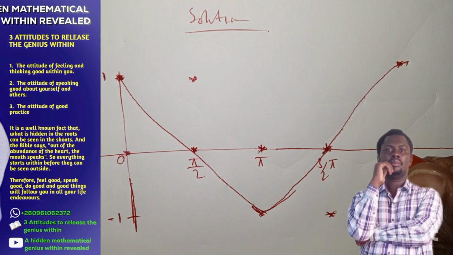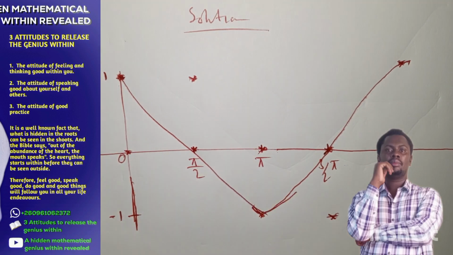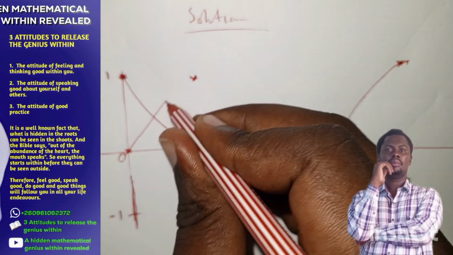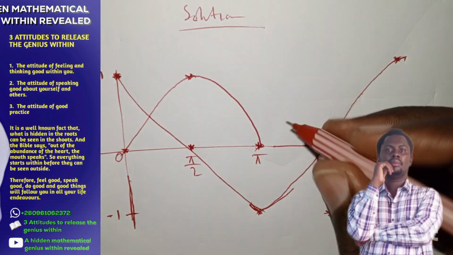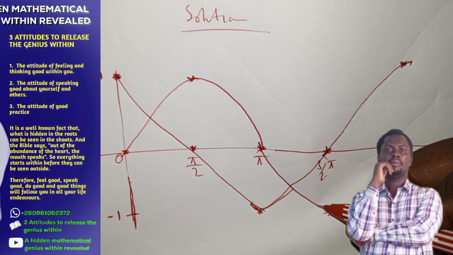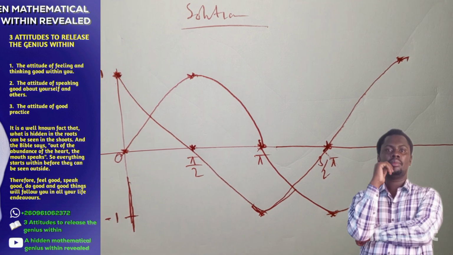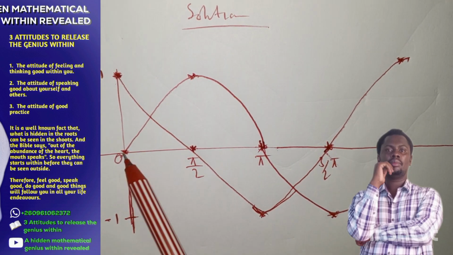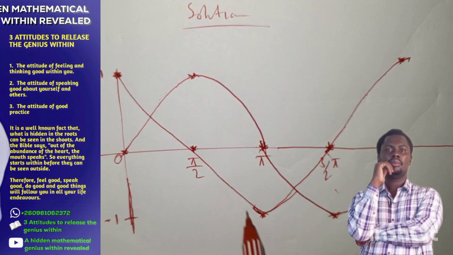Then sine of 360 is 0. Okay, so our sine function will look like this. These are the two curves. This is the curve for sine, and this is the curve for cos.